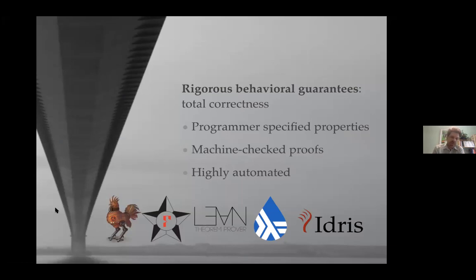Things in this space are like the Coq theorem proving language, F-star, Lean, Liquid Haskell, which you saw last week, Idris, and there are others as well. So I think we've built the tools that we think people will use in the future.